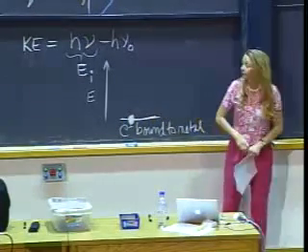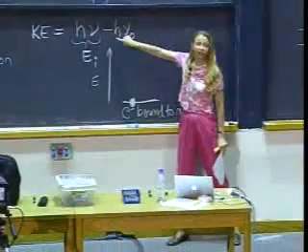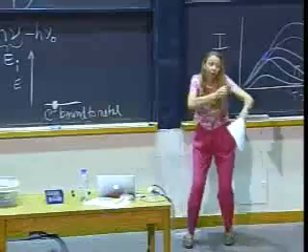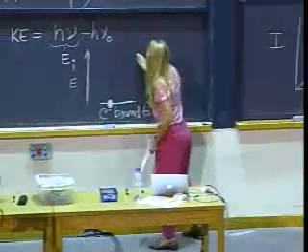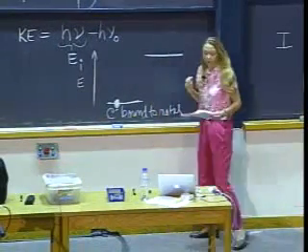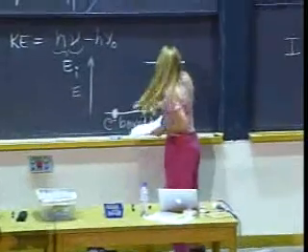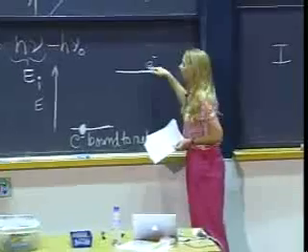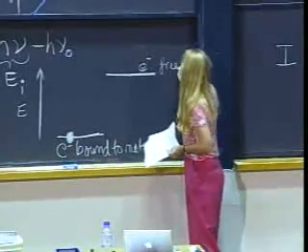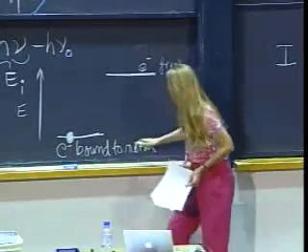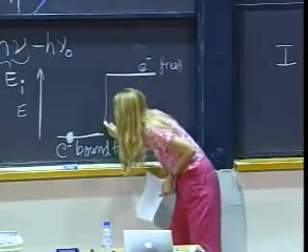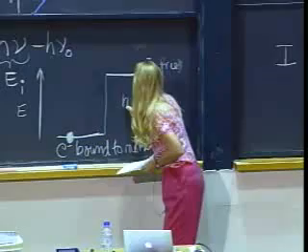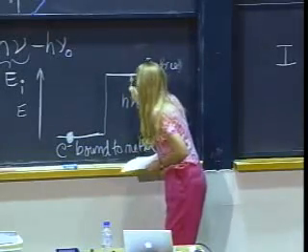And what we know now is that it takes some energy, h times nu naught, to rip that electron apart, to pull it off. And so I'm going to draw another energy level up here, which is going to represent the energy of the electron free from the metal. So I'll call it electron free. Okay? And the amount of energy that we have to put in to get it out is this threshold energy, h times nu naught. Okay?